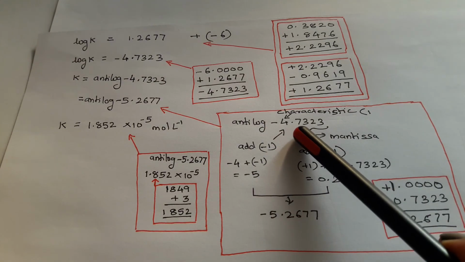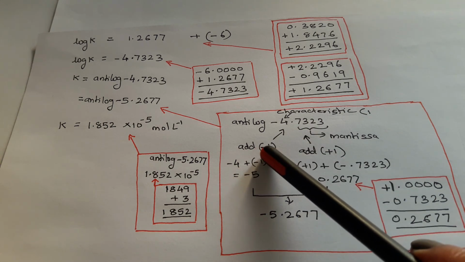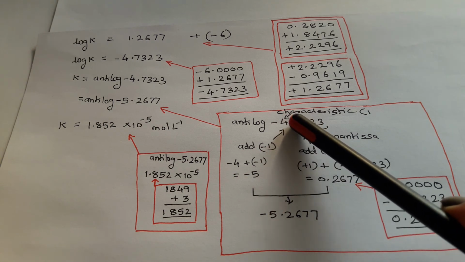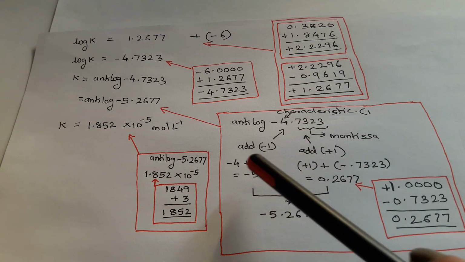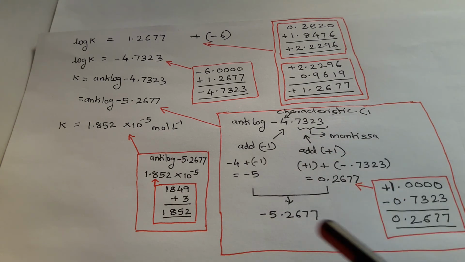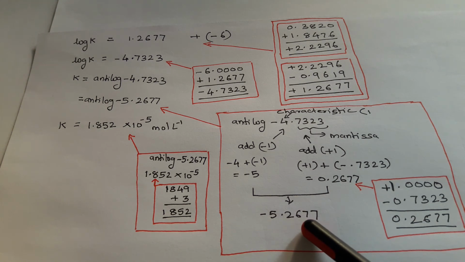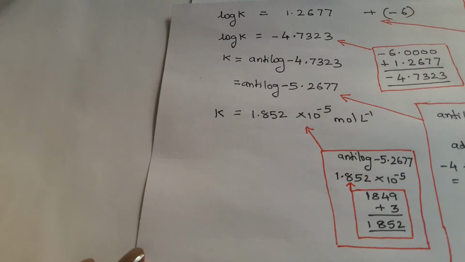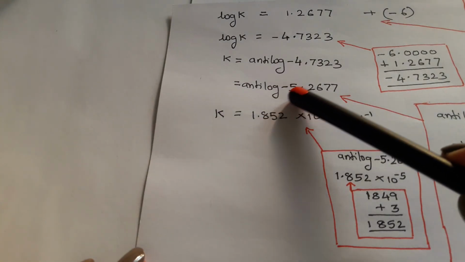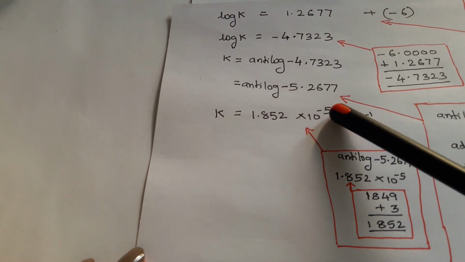To make the mantissa positive, we have to add minus 1 to the characteristic and plus 1 to the mantissa. And finally, after all those steps, we get minus 5.2677. The characteristic is minus 5. So in the answer we write into 10 raised to minus 5.